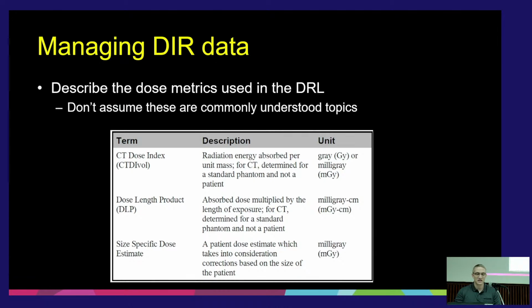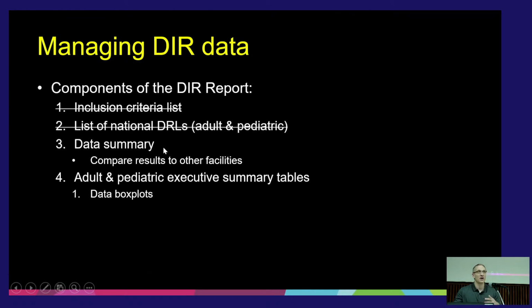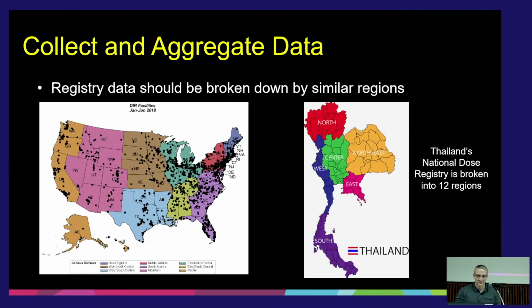So you do need to be explicit in what you're describing. So this report, if it's a CT dose index report, we use the CTDI volume, the DLP, and the site-specific dose estimate, and describe it and give the units. It's just a very common way to make sure before they go too far down the report that everyone is kind of level set, everyone knows what we're talking about.